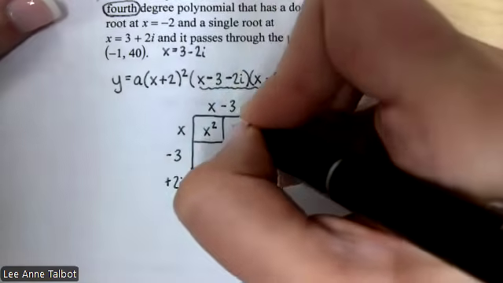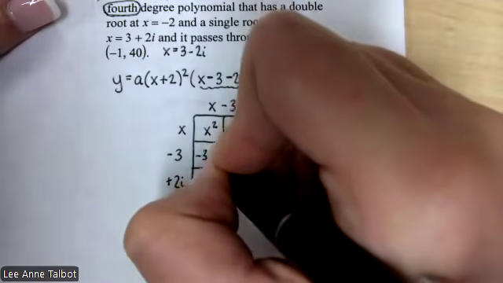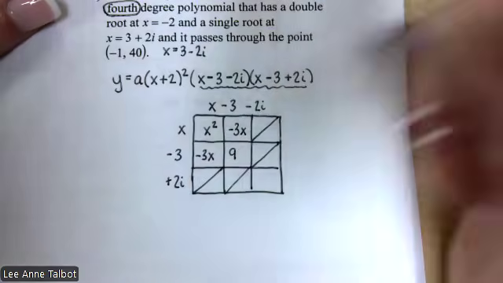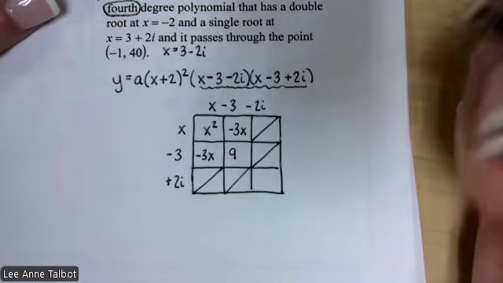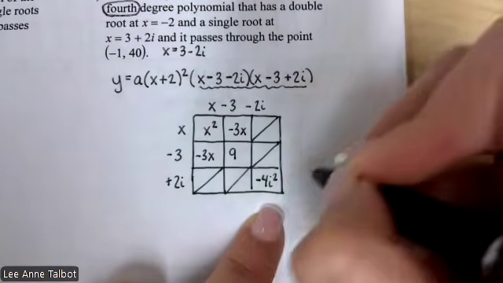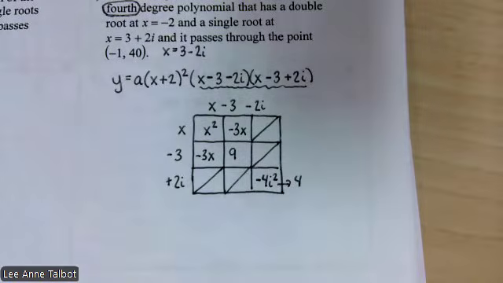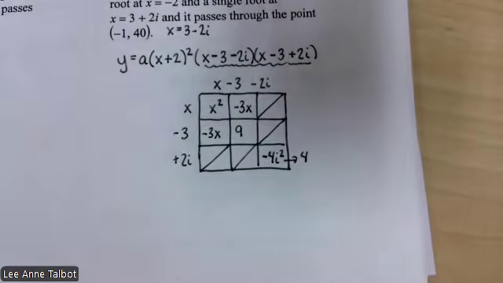X squared, negative 3x, negative 3x, 9. Okay, this is negative 4i squared, which is 4. Is that okay so far?